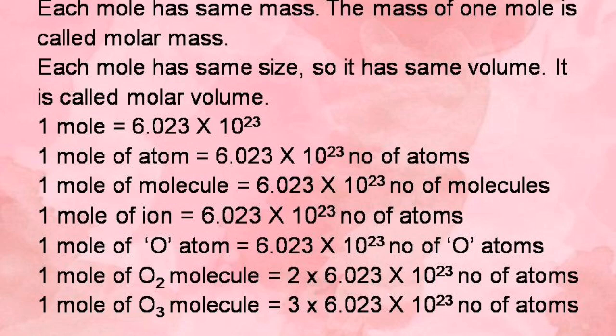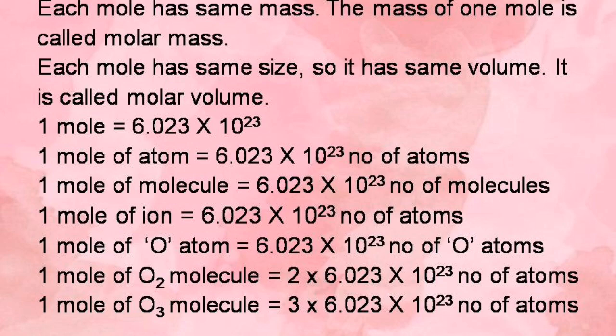So whatever 1 mole of a thing is, that same thing is what it contains. For example, 1 mole of molecules contains 6.023 into 10 power 23 molecules. 1 mole of ions is equal to 6.023 into 10 power 23 ions.